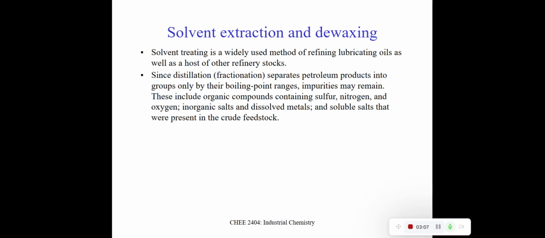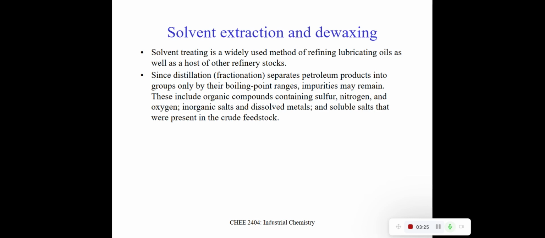These may contain impurities such as organic compounds containing sulfur, nitrogen, oxygen, inorganic salts or suspended solids, or dissolved metals and soluble salts that were present in the crude feedstock.